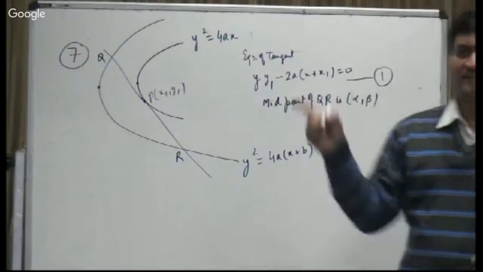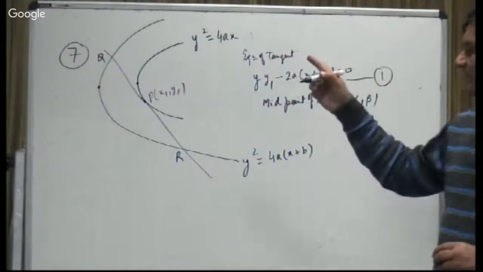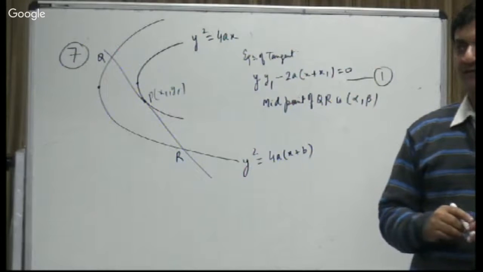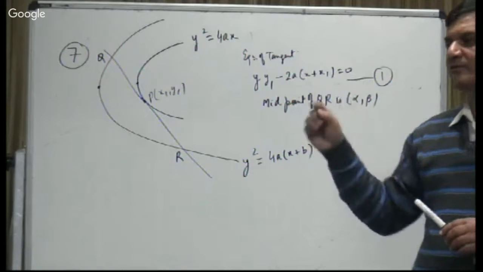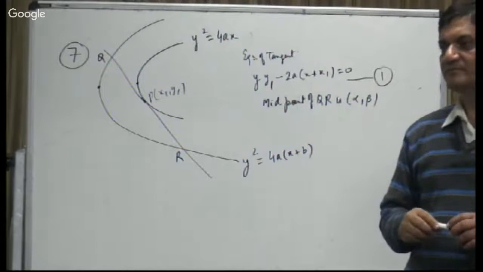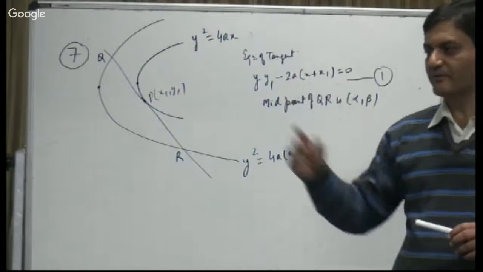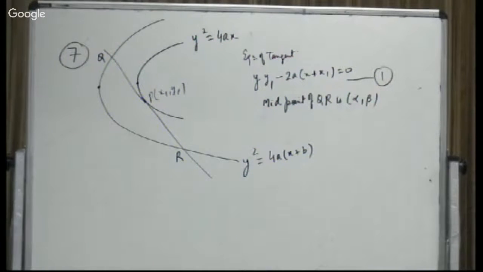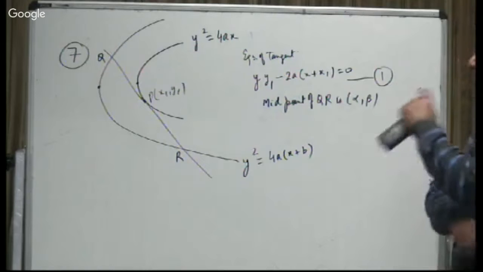Now can you find the equation of this chord? Can you find the equation of QR? How to find the equation of a chord whose midpoint is given? S1 equal to T, very good. You apply that formula S1 equal to T. Applying the formula S1 equal to T, you will get the equation of the chord QR.